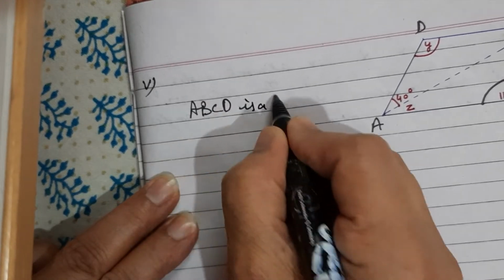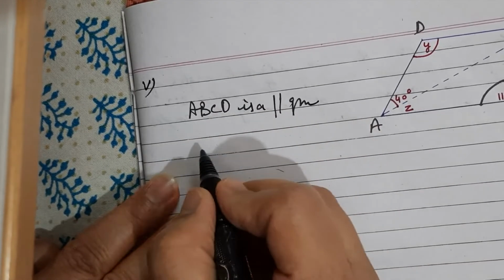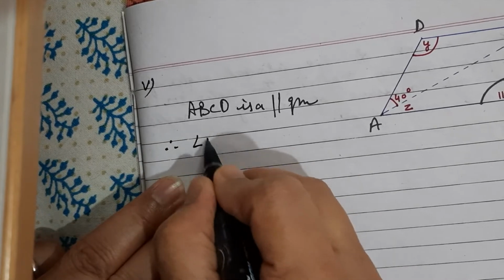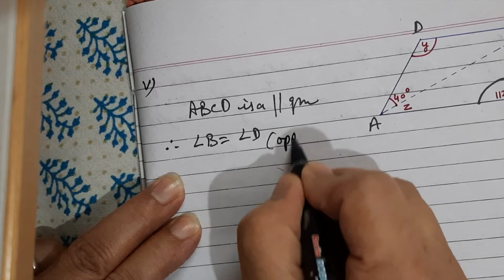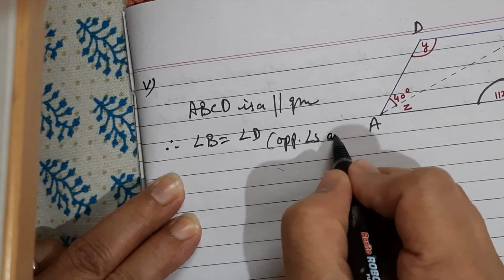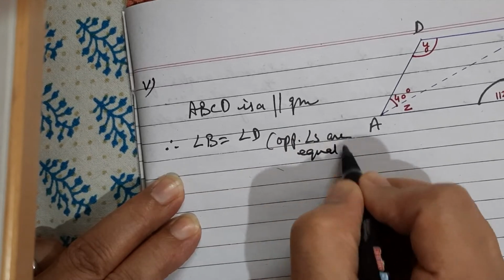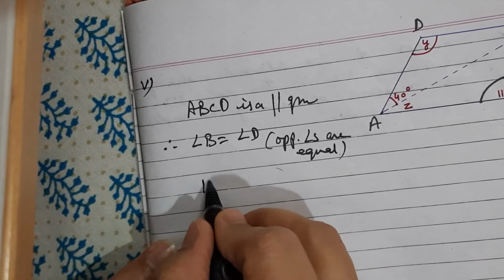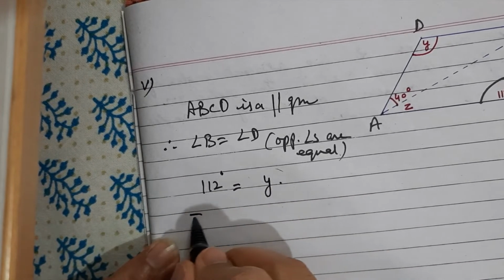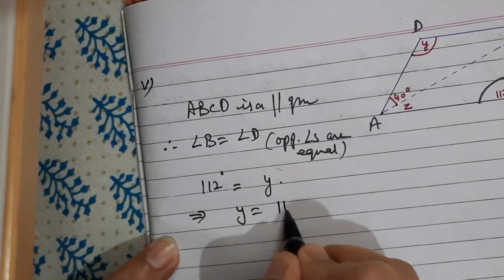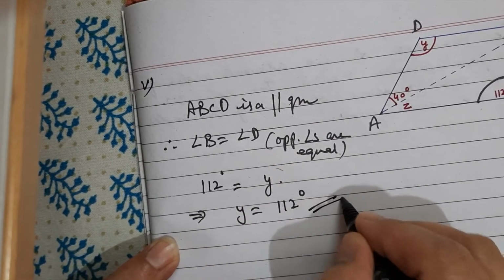ABCD is a parallelogram. Therefore angle B is equal to angle D. Opposite angles are equal. B is 112 degrees is equal to D is Y. This implies Y is equal to 112 degrees.